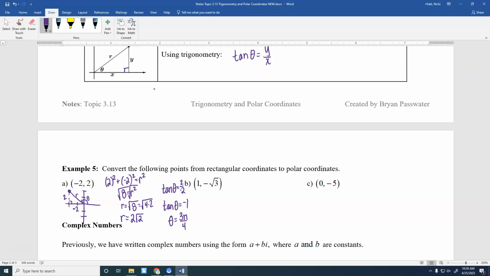Tangent also equals negative 1 at 7 pi over 4, or negative pi over 4. But that's not the one you need for this because you need to be in the second quadrant. So we would have our point here is going to be 2 root 2 and 3 pi over 4.